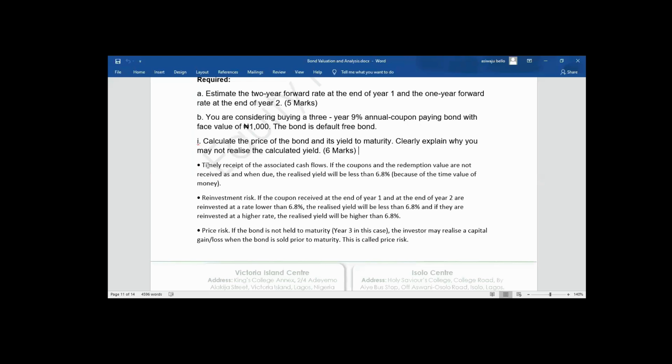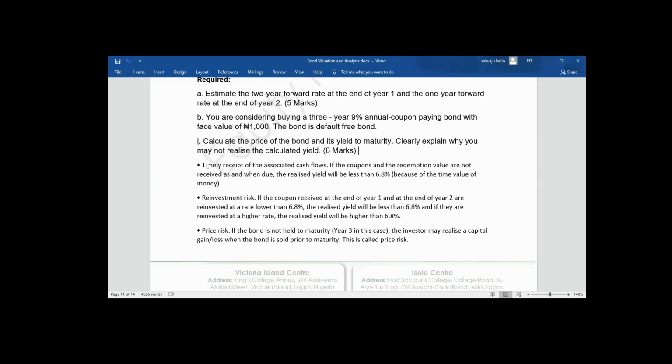What this means is that if you don't get the interest at the end of year 1 or at the end of year 2, that will affect your realized yield.